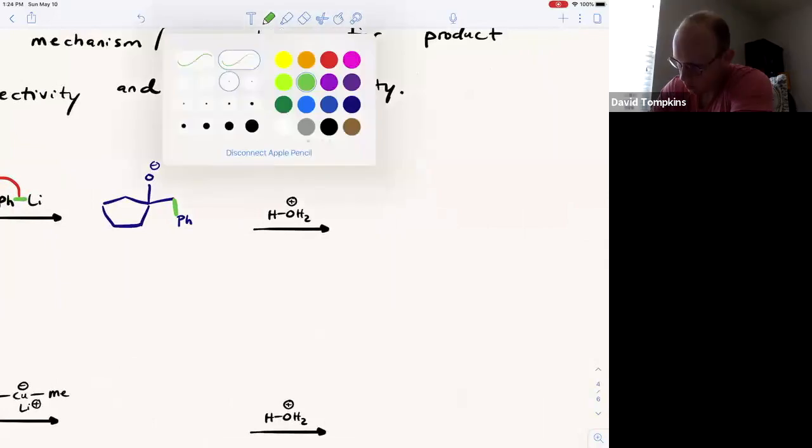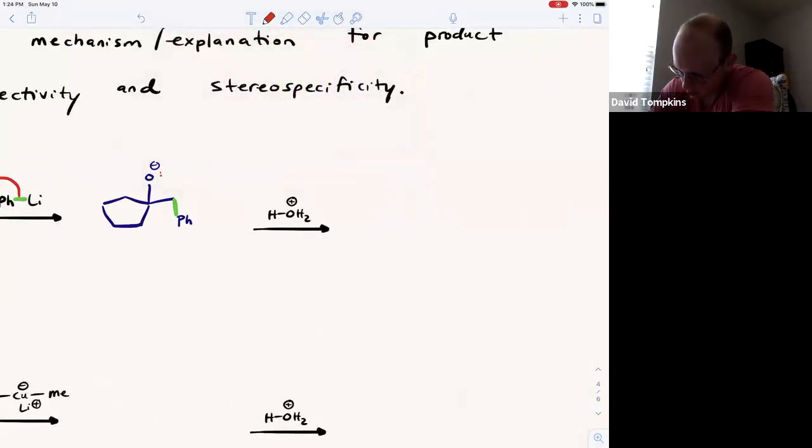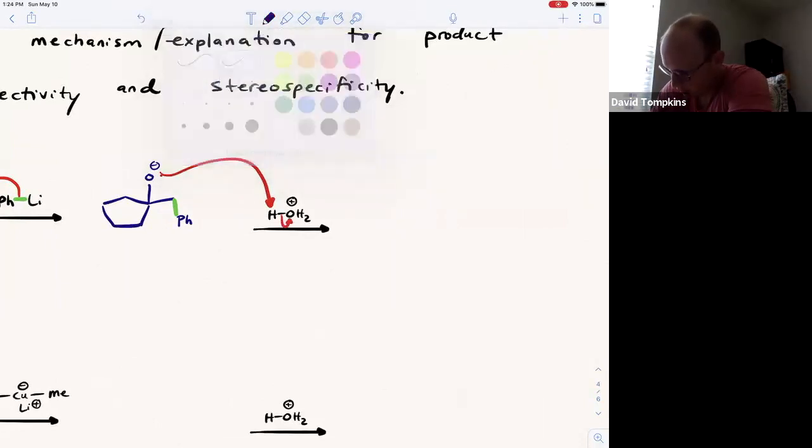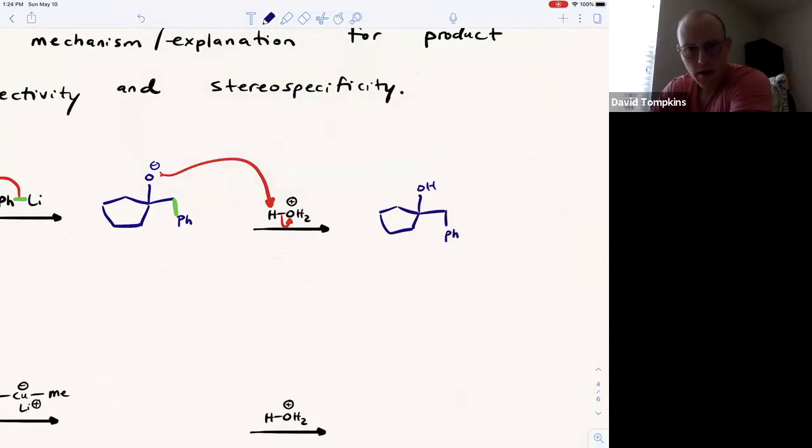Next, you will always work this up with some acidic aqueous solution, and that will give you a neutral alcohol product. And there is no stereochemistry for this example because this one is achiral and lacks stereocenters.